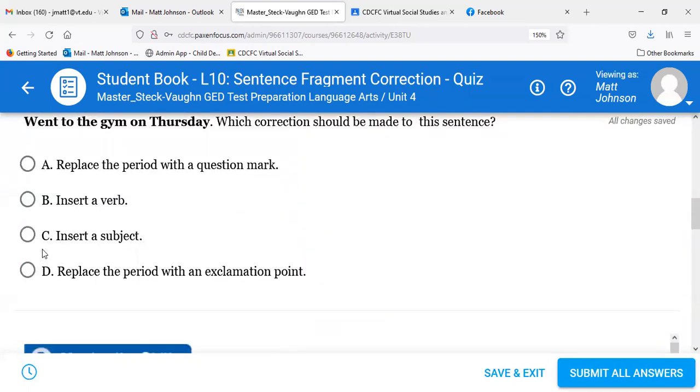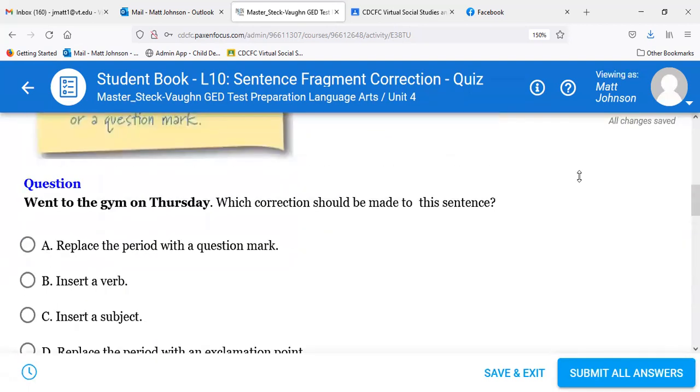So, Capri, you want to take this one for us? Sure. It says, "Went to the gym on Thursday." Which correction should be made to this sentence? Replace the period with a question mark, insert a verb, insert a subject, or replace the period with an exclamation point. I think we need to insert a subject. Great. And that's going to be "I went to the gym on Thursday," or "She went to the gym on Thursday," or "Emma went to the gym on Thursday."